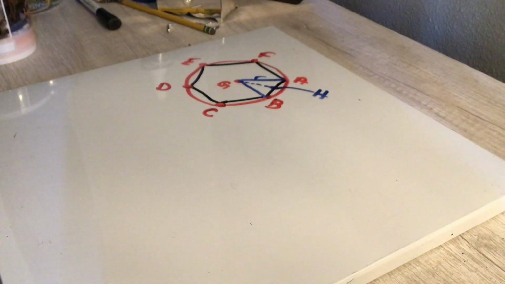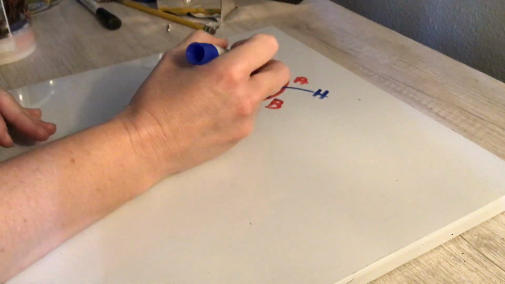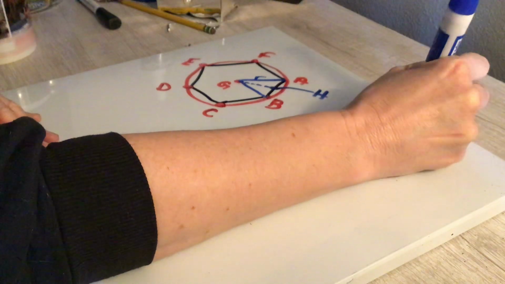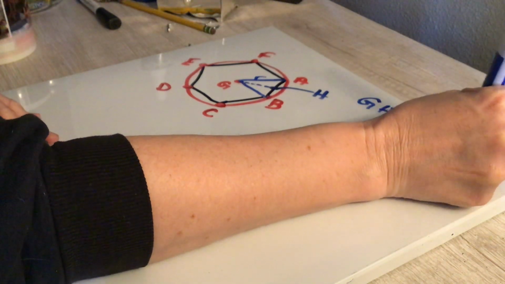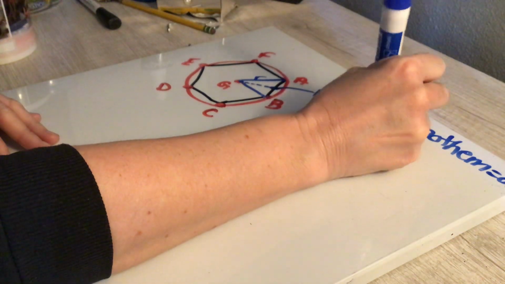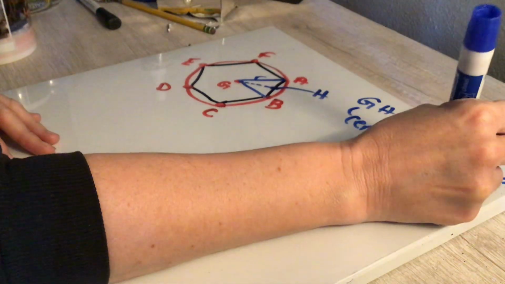The distance from the center to any side of the polygon is called the apothem. So this height here that we drew in, so we're going to call GH the apothem, or lowercase a. This is center to a side. Okay.